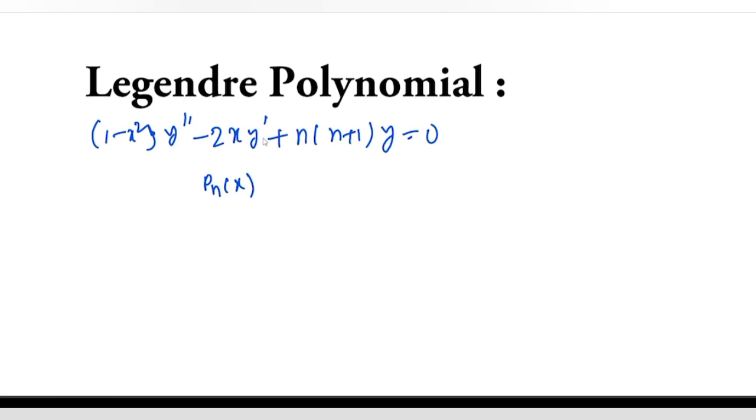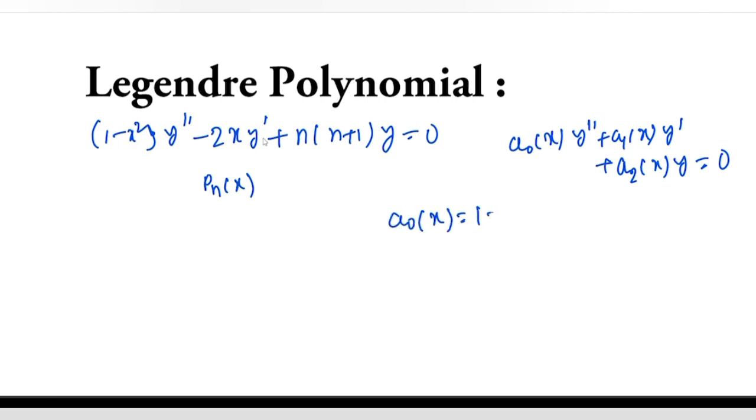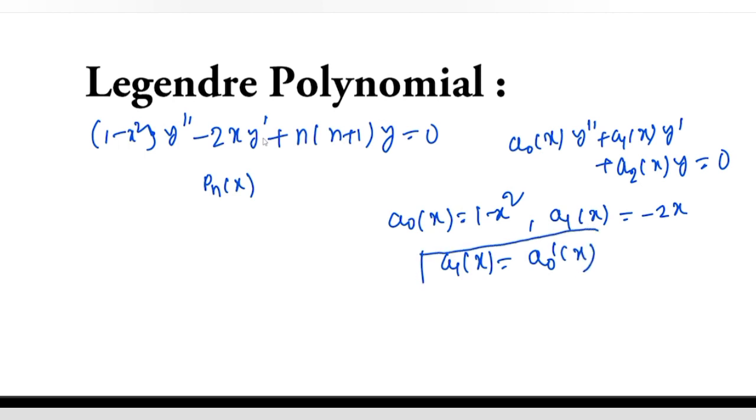If we compare this differential equation with the differential equation of h0x, where h0, if we observe that, we see that since these conditions hold, we can say that this differential equation is also called the Sturm-Liouville problem.